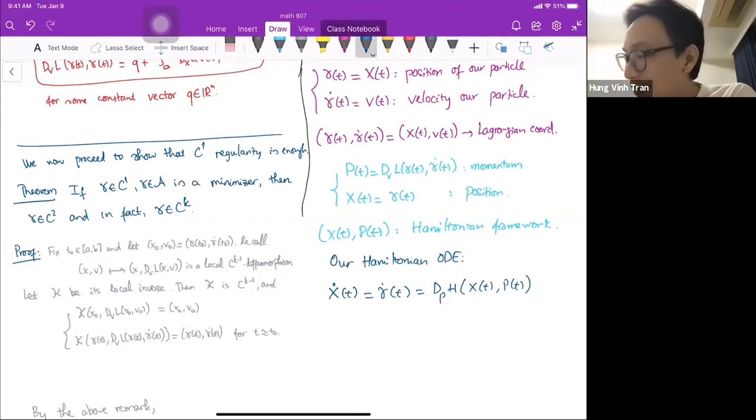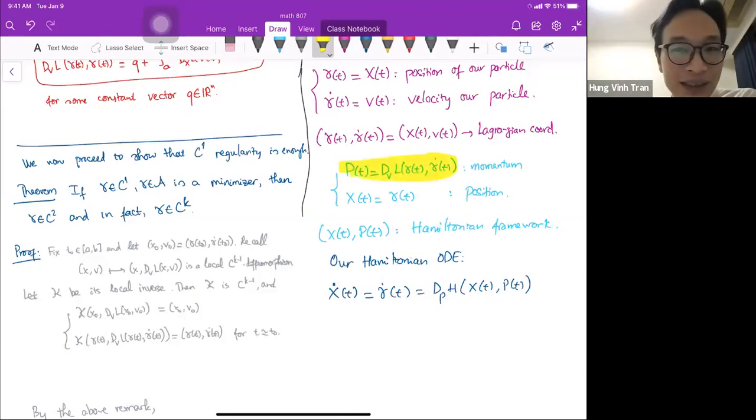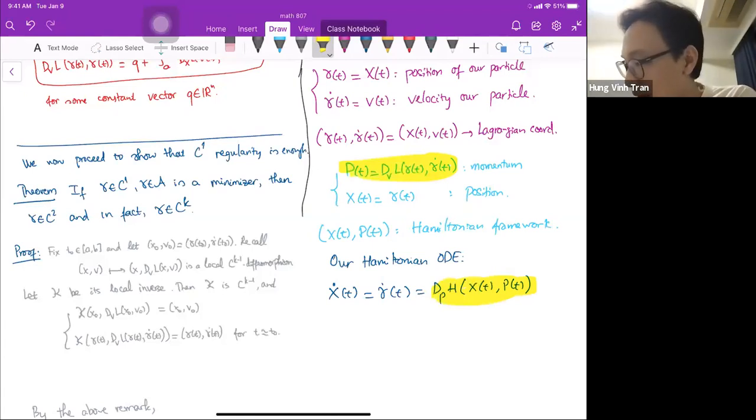Why? Because of this duality. When p equals dv L, that means that gamma dot t equals dp H, because that's exactly the duality.